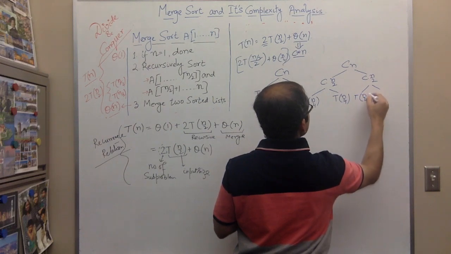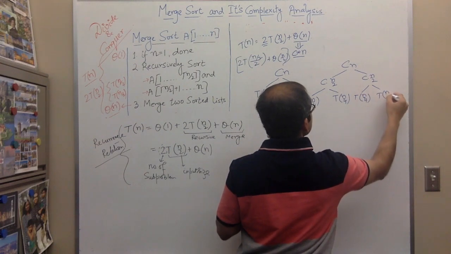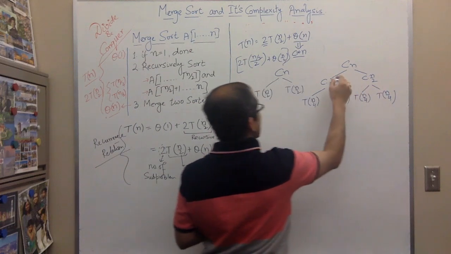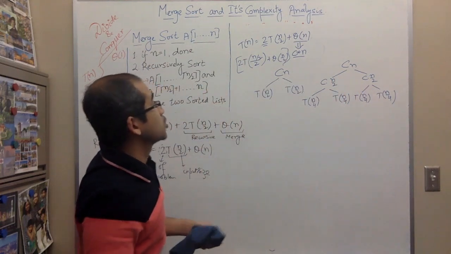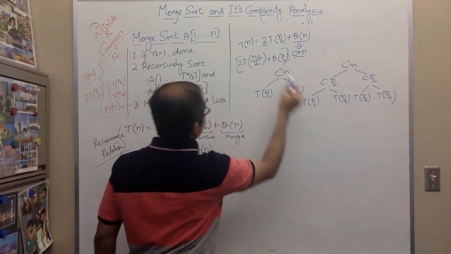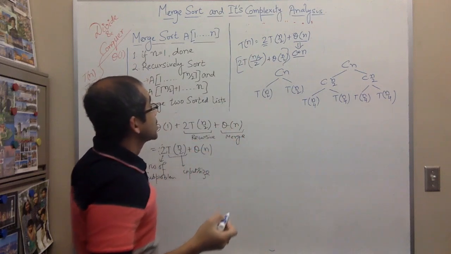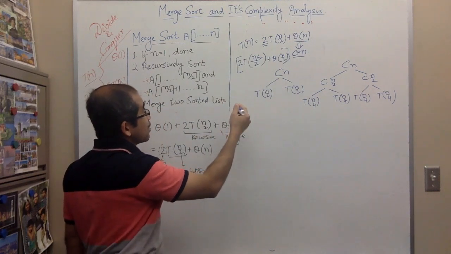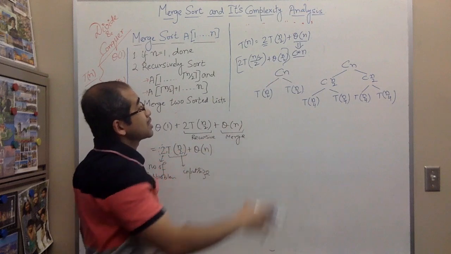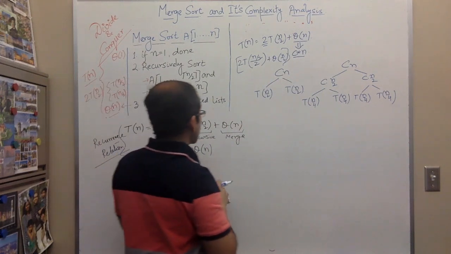The original input size is divided by 4 here, because the n by 2 size is divided by 2 again. So now n by 4 will be input here: instead of n, you replace it with n by 4 and then calculate the same thing.